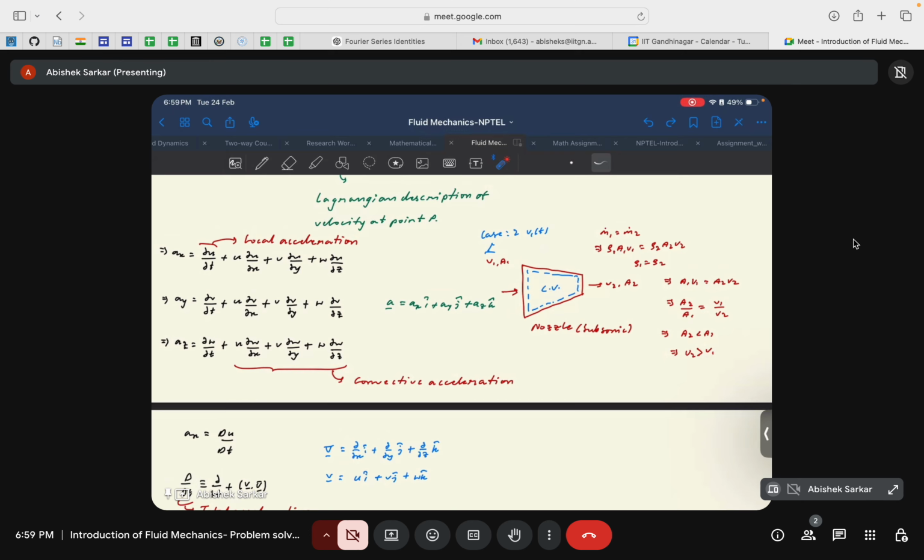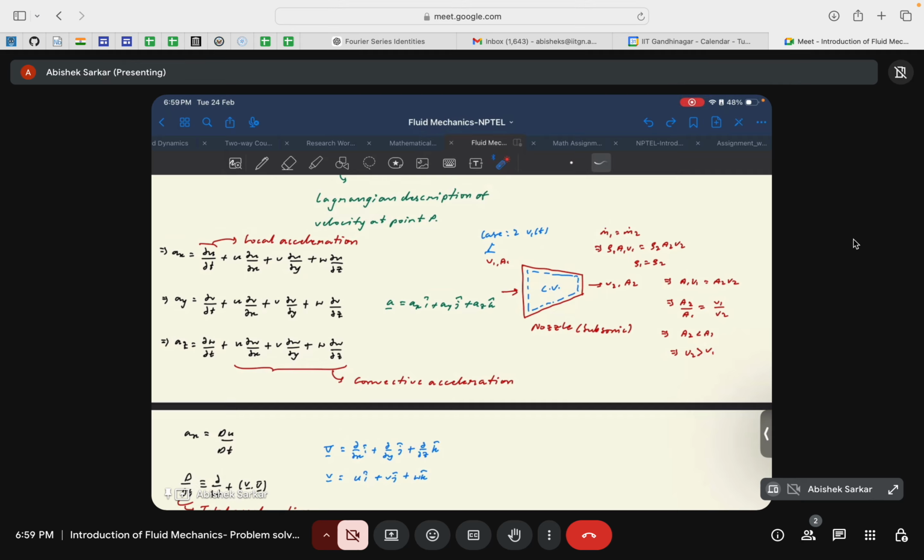It gradually increases and then reaches 10 meters per second. So across the converging section there is an increase in the velocity field because of the spatial variations. These terms contribute to the spatial variation of the velocity field and thus contribute to the acceleration of the flow field.